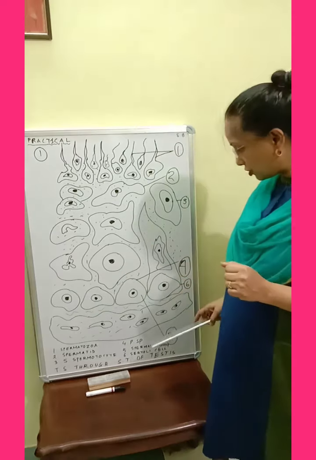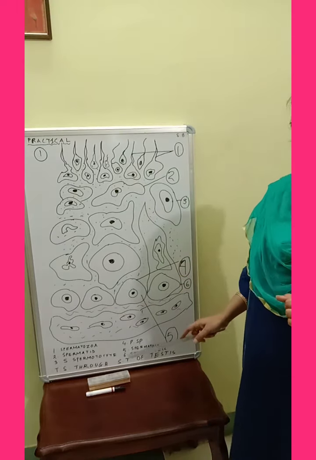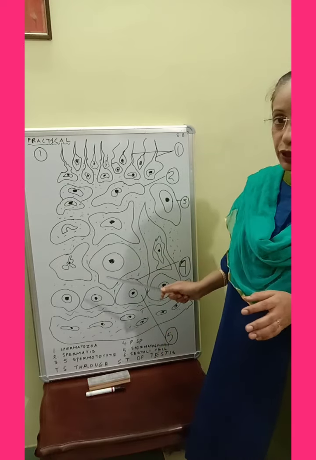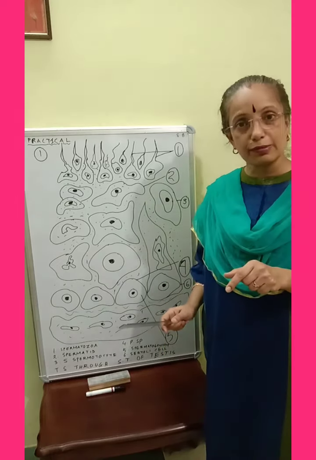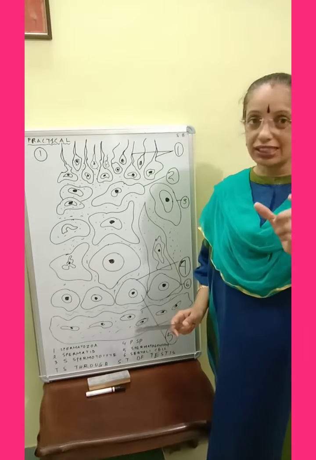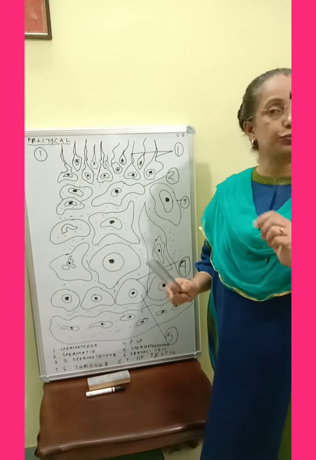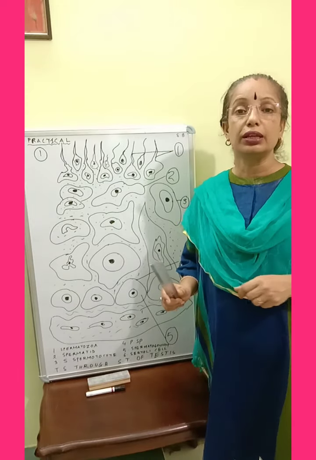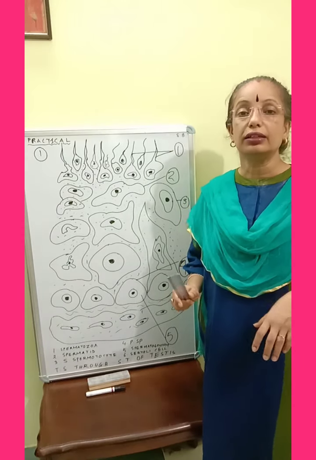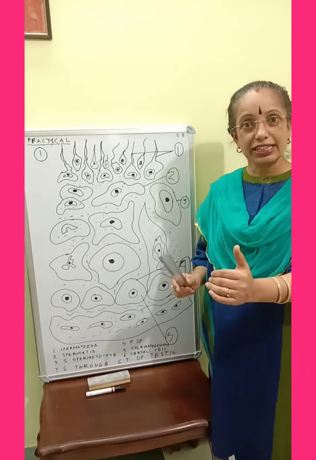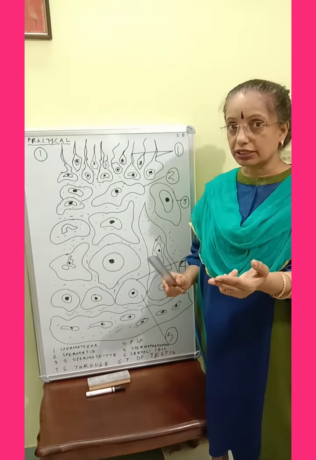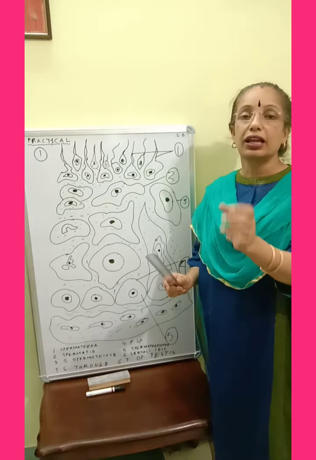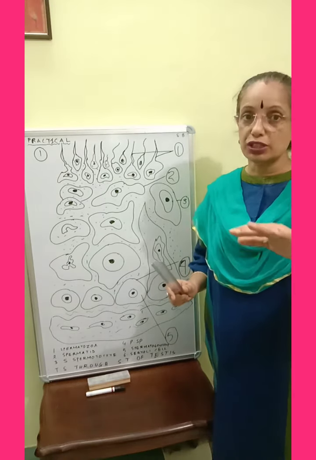So to begin the journey, spermatogonium having 46 chromosomes, first meiotic division, primary spermatocyte, 23 chromosomes. Two such primary spermatocytes are formed from one spermatogonium or sperm mother cell. Primary spermatocyte undergoing second meiotic division forms secondary spermatocyte having 23 chromosomes each.